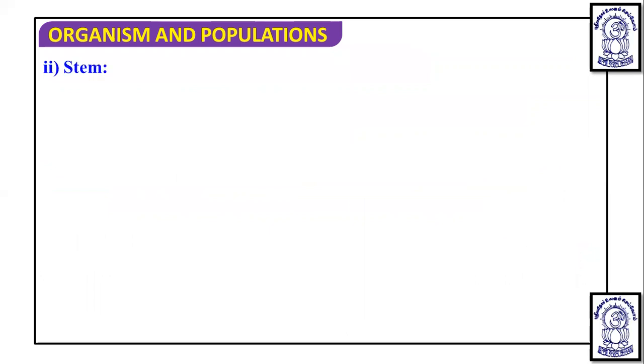Now, if we talk about the stem, the stem is long, slender, and flexible because they are found in watery conditions. If it is completely present in water, it should be flexible. This long, slender stem is seen in examples like Potamogeton and Hydrilla.